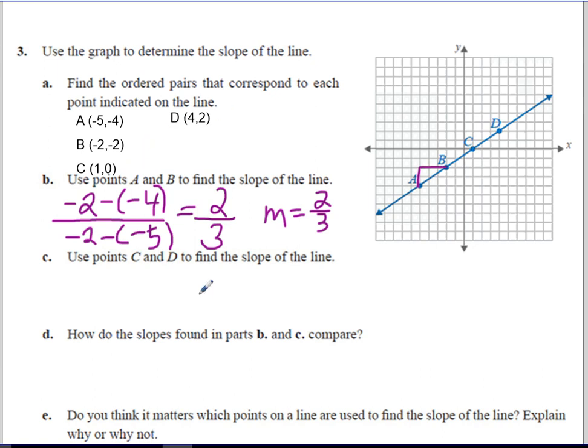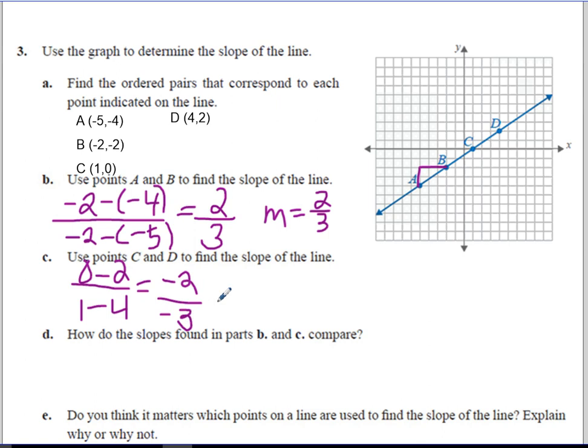If we do the same thing using points C and D, this time let's start with the C first, and we'll do C points subtracting D points. So for our y value we have 0. We're subtracting off the y value of 2 over x value of 1. Subtract off the x value of 4. 0 minus 2 is -2. 1 minus 4 is -3. 2 negatives make a positive.